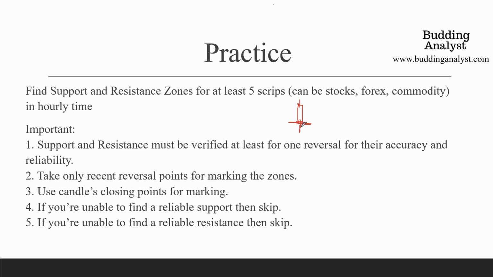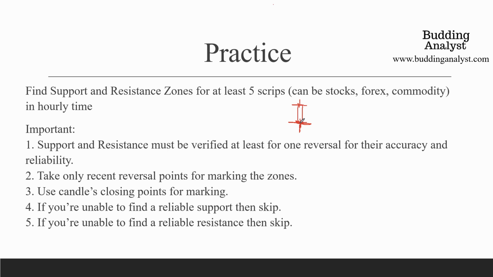Because the wick price was just the price throughout the day, but the closing price is very important, for a green candle over here and for a red candle down here. Generally the more powerful traders decide the closing price, right? So the closing price is where you should mark your support and resistance zones.